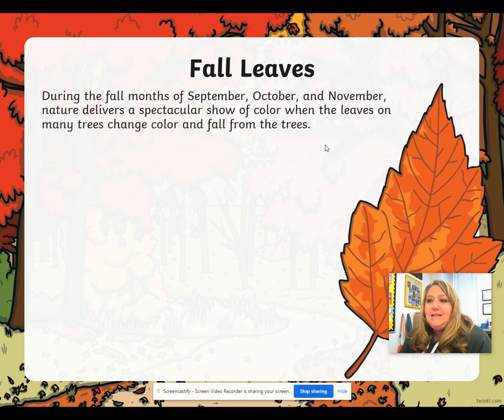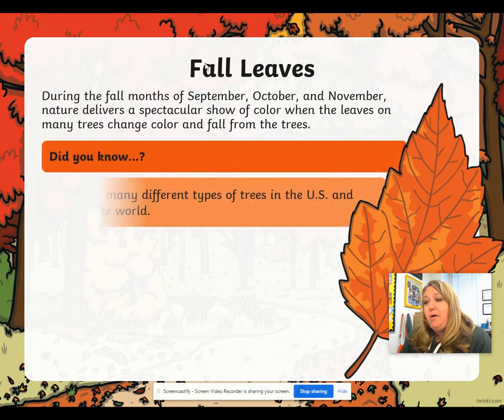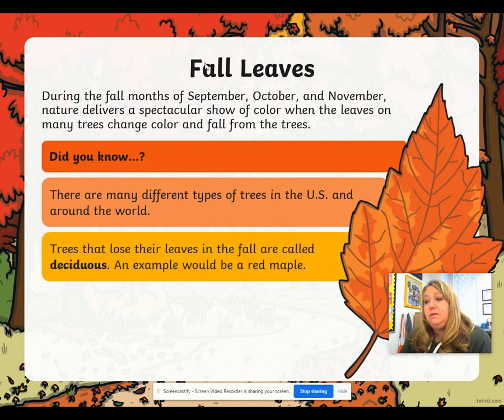So it says here that during the fall months of September, October, and November, nature delivers a spectacular show of color when the leaves on many trees change color and fall from the trees. Did you know there are many different types of trees in the United States and around the world?